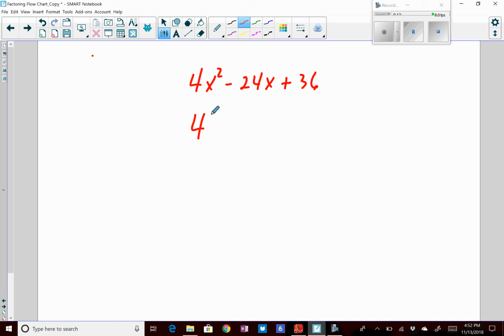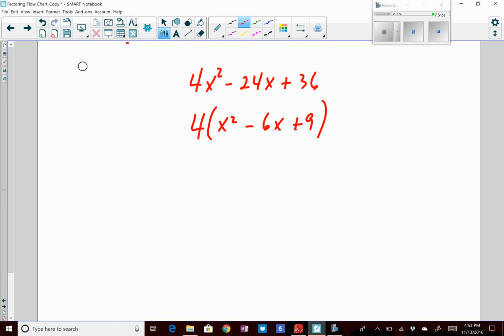I can't take a GCF out for the variables only because 36 does not have an x attached to it. Only the first 2 terms have an x. So I can't take that out as a common factor. So only the 4 is our common factor. All right, again, dividing each one of the terms by the common factor, we're left with x squared minus 6x plus 9.